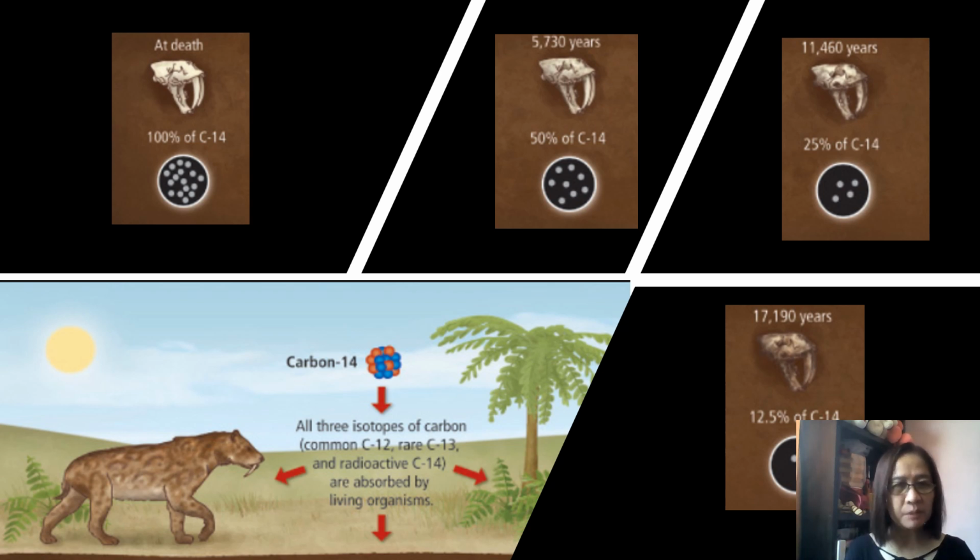Yung po bang may 50% na carbon-14 pa sa fossil o yung 12.5% na carbon-14 doon sa fossil? Okay, so tama uli anak ang sagot ninyo. Mas bata yung fossil na meron pang 50% na carbon-14 kesa doon sa 12.5% na carbon-14 sa kanyang fossil. Meaning, mas madaming carbon-14 pa doon sa fossil, mas bata. Pag unti na ng carbon-14 doon sa fossil, mas matanda.